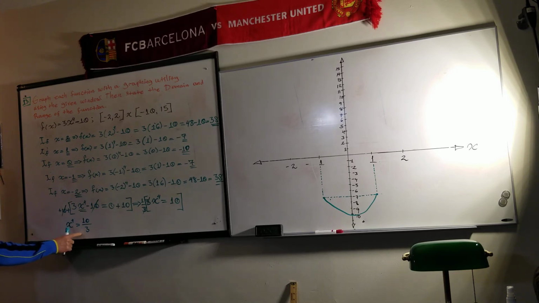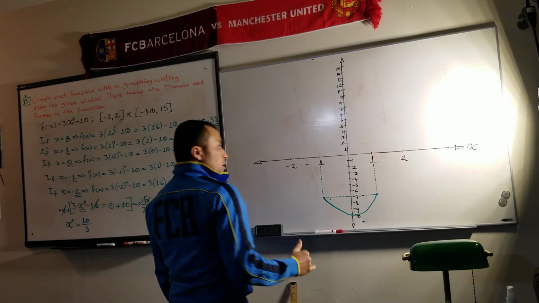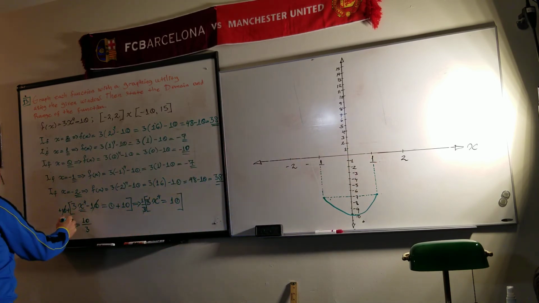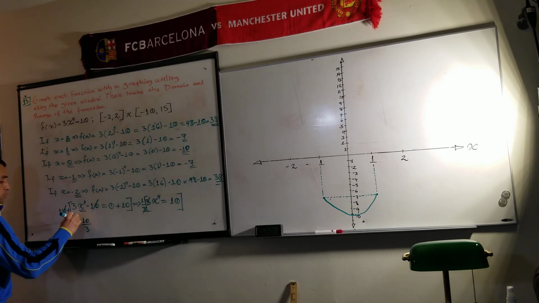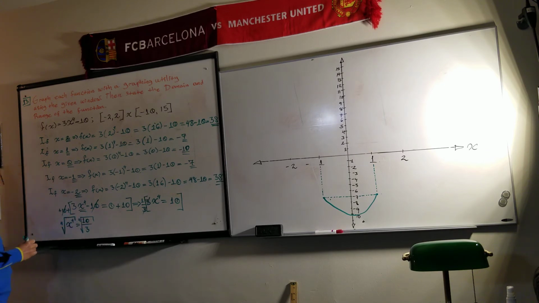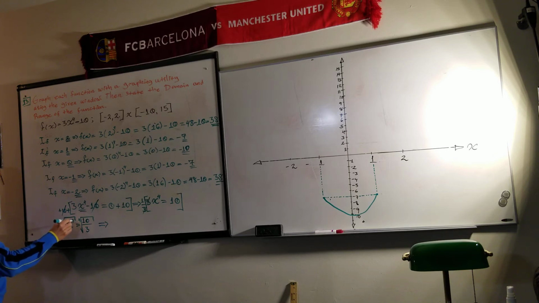But we would like to know the value for x, right? Where on the x-axis the graph goes through. Now, x to the 4. So in order to isolate x, we can apply the fourth root on both sides of the expression, and then we're going to have the fourth root of x to the 4.